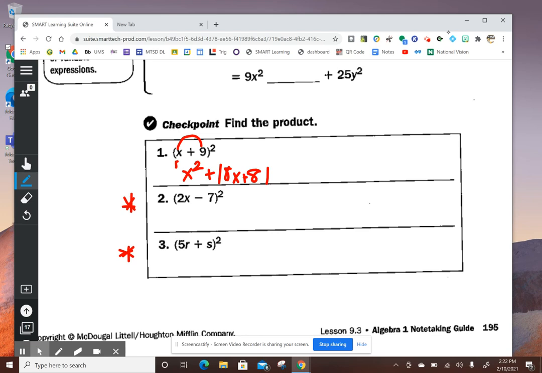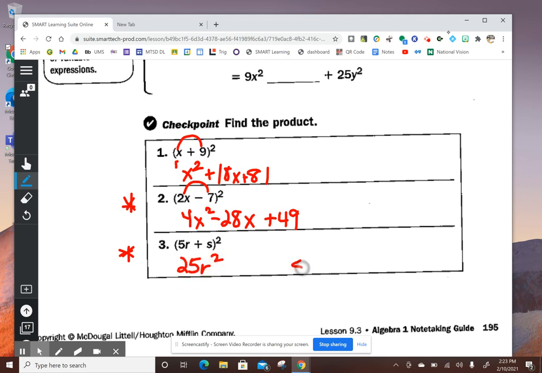So now, hopefully you got this. We squared 2x. 2x quantity squared is 4x squared, because 2x times 2x is 4x squared. 7 times 7 is 49. My middle term is negative 7 times 2x is negative 14x. Double that, negative 28x. Okay, for this one, 5r times 5r is 25r squared.